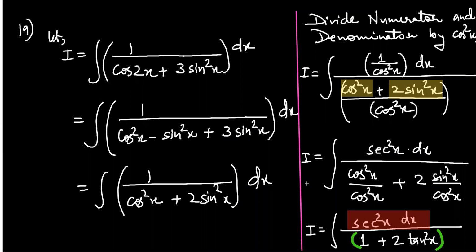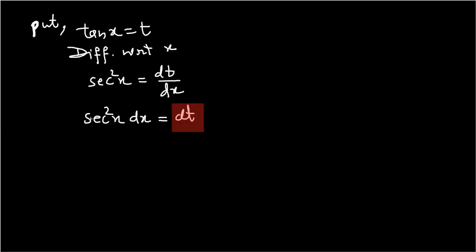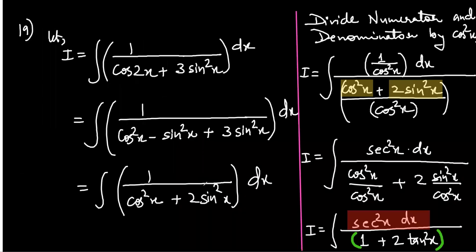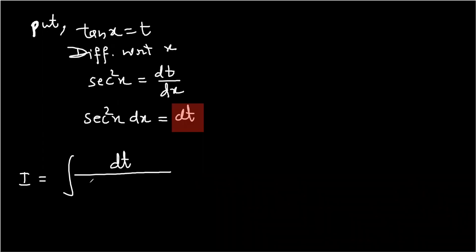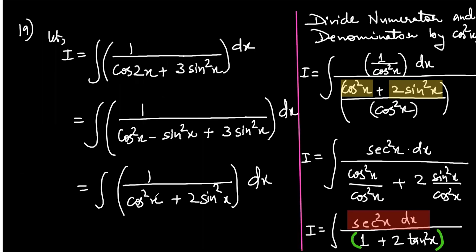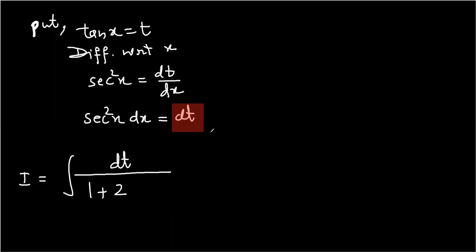So the new integral that we will get is I equals integral of dt divided by 1 plus 2 tan square x. What is tan x, dear students? Tan x is t.